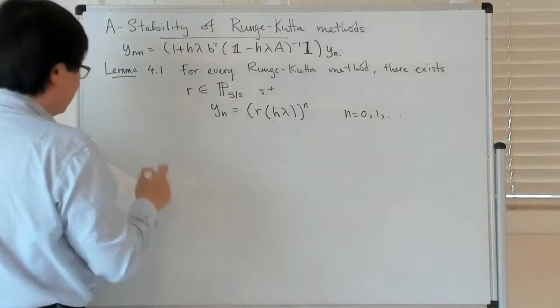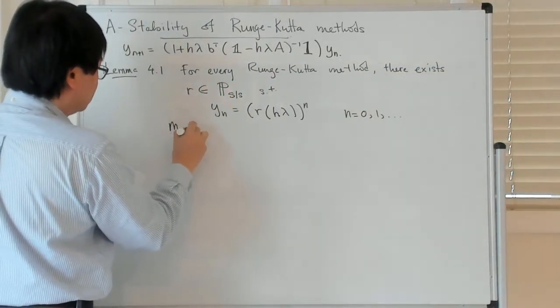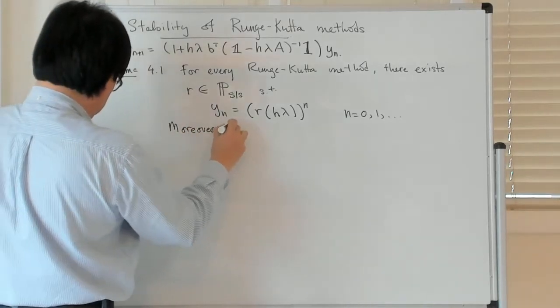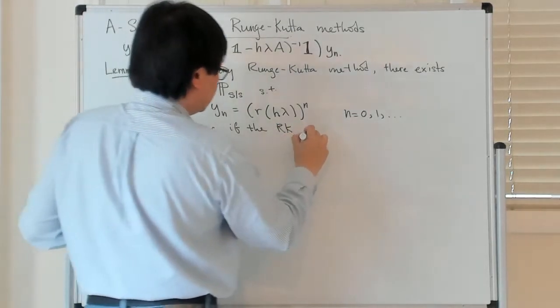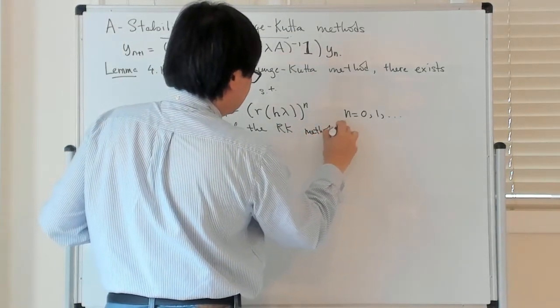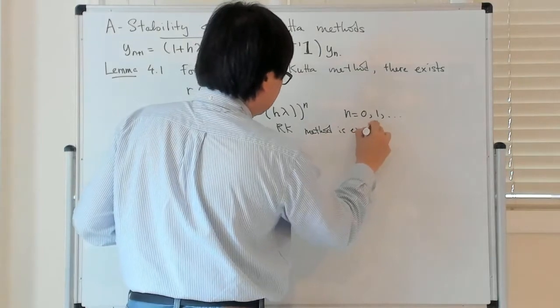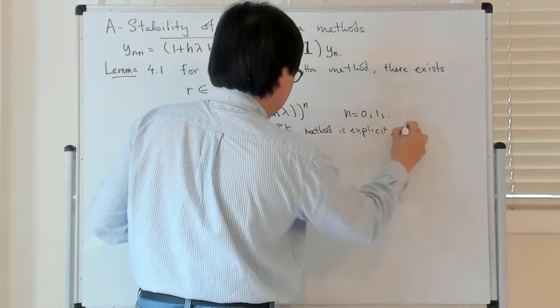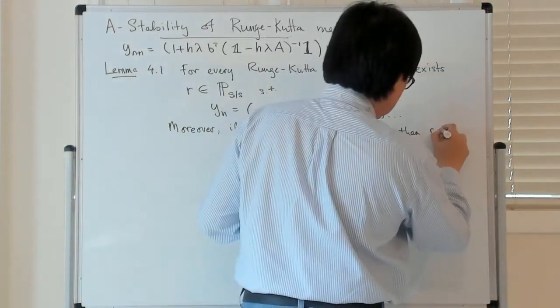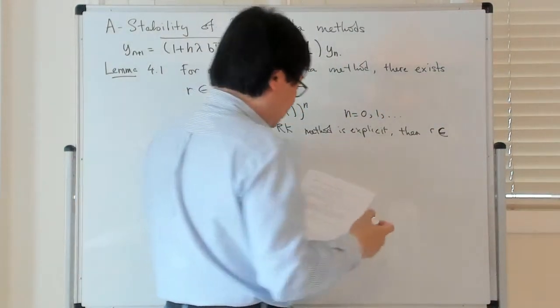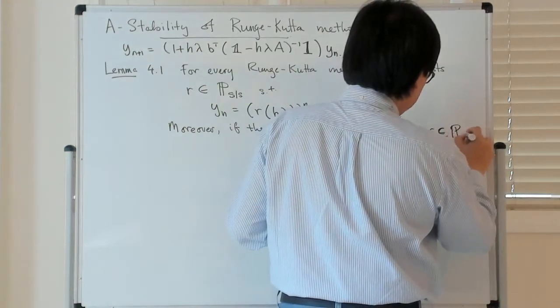And moreover, if the RK method is explicit, then R is actually not just a rational polynomial, but just a polynomial of degree s.